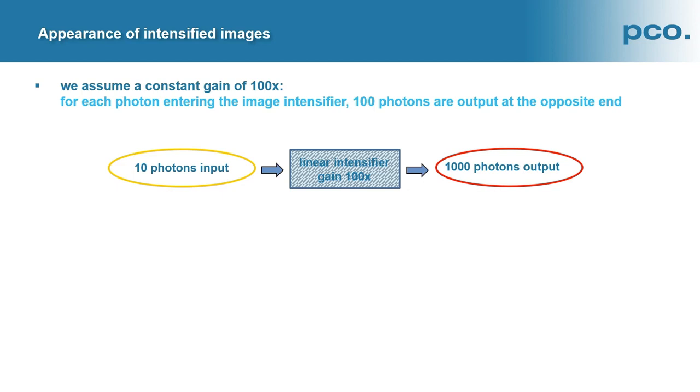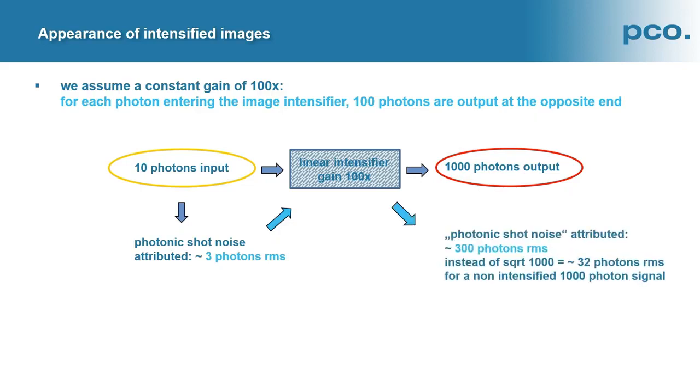Now we have to have a look at the photonic shot noise behavior we have explained before. The 10 photons input signal is attributed with a photonic shot noise of roundabout 3 photons root mean square. These 3 photons are also linearly amplified by a factor of 100. What is the result?